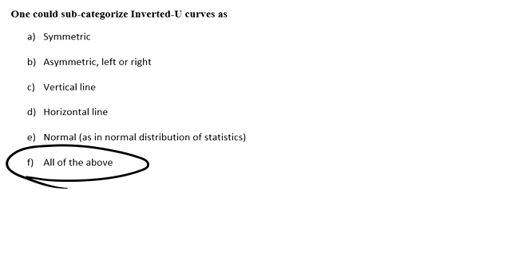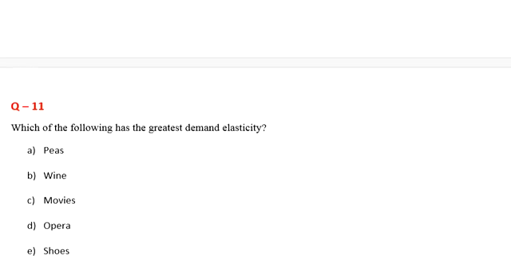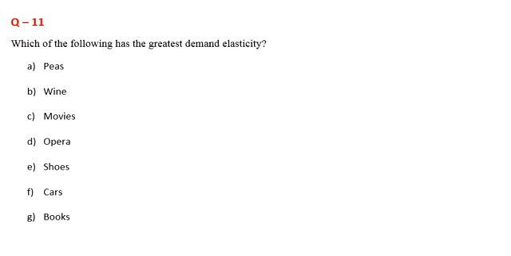Question number 11. Which of the following has the greatest demand elasticity? Peas, wine, movies, opera, shoes, cars, books.